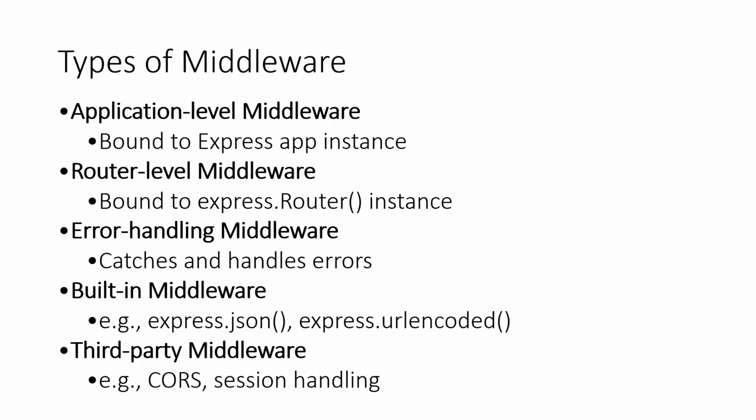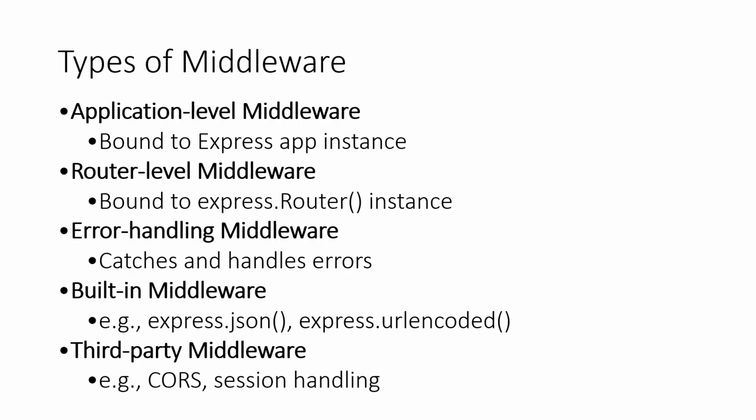There is also another method, app.METHOD, which is in fact an HTTP method. It is useful for tasks like logging, authentication, and handling common functionality across different routes. So that is the application of application level middleware.